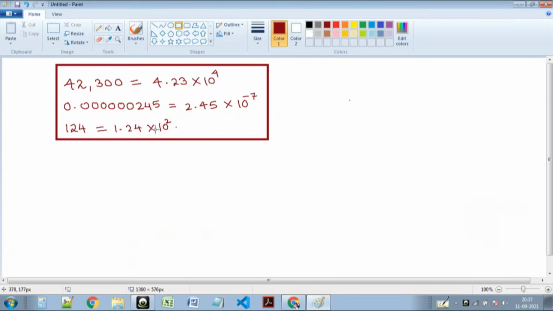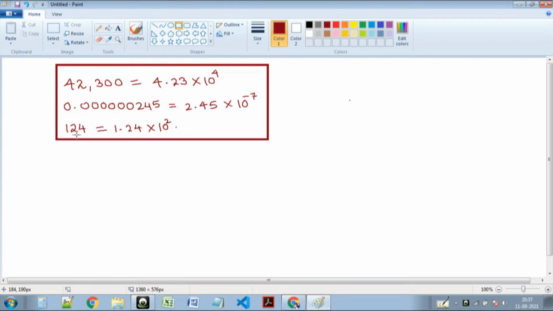Look at the following numbers and their equivalent notation. You can see that 42,300 is equivalent to 4.23 into 10 to the power 4. Similarly, 0.0000004245 equals 2.45 into 10 to the power minus 7.